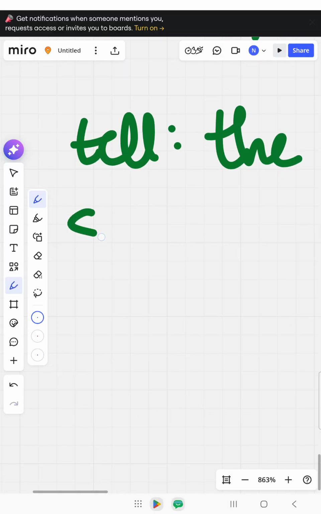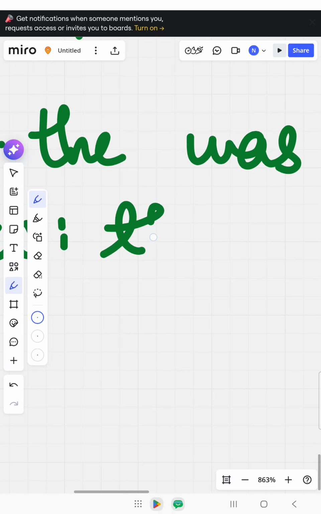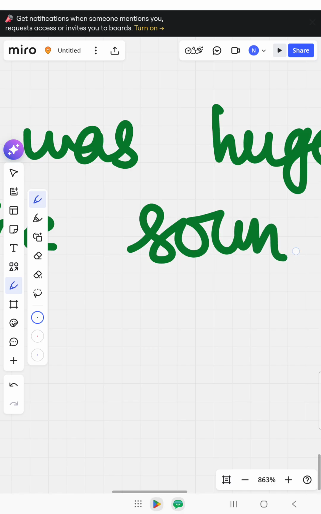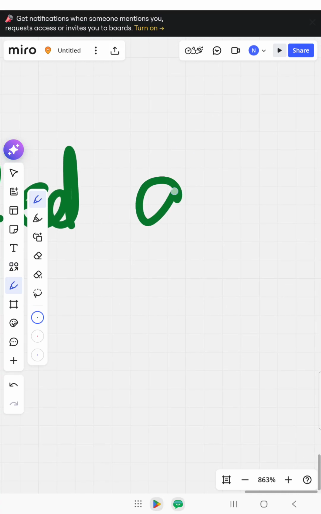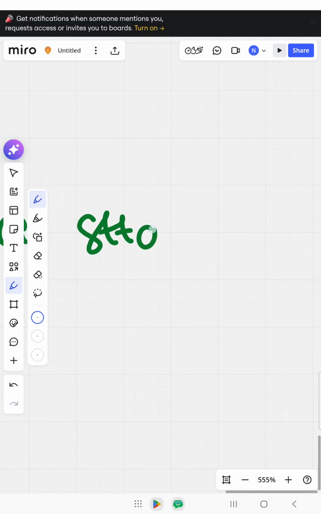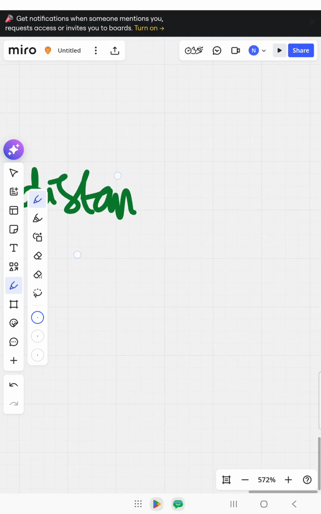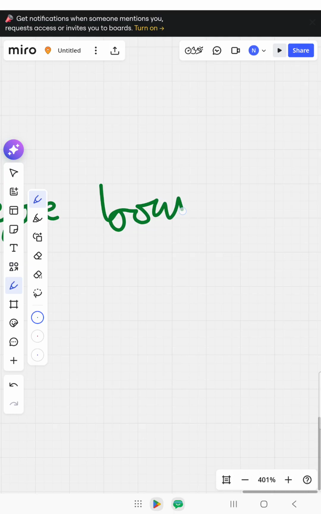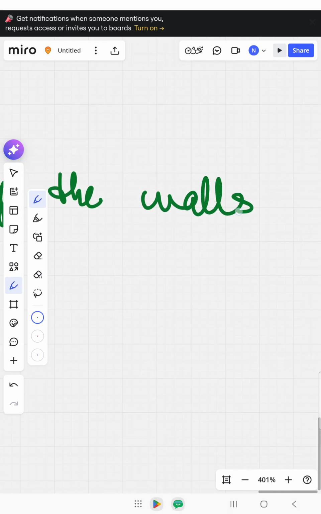You can show it by saying, for example, the sound traveled a staggering distance before bouncing off the walls.